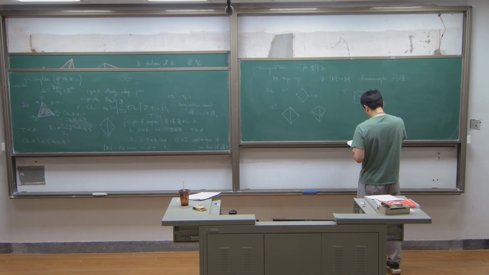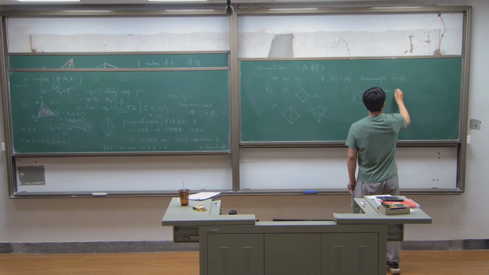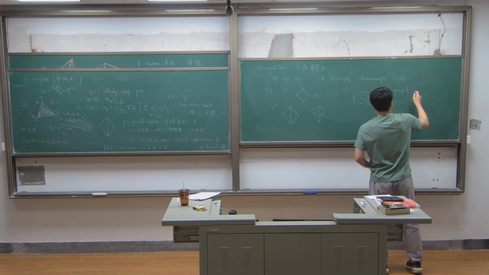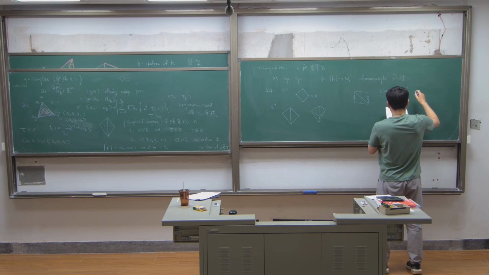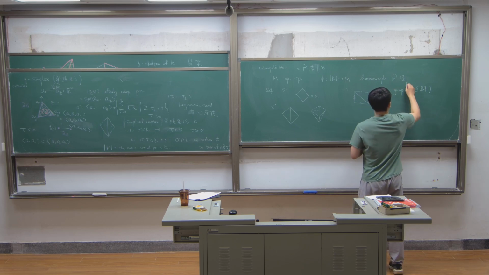The chain group is the 链复形, and I will explain why it's called that. The chain group C_q, 链群.